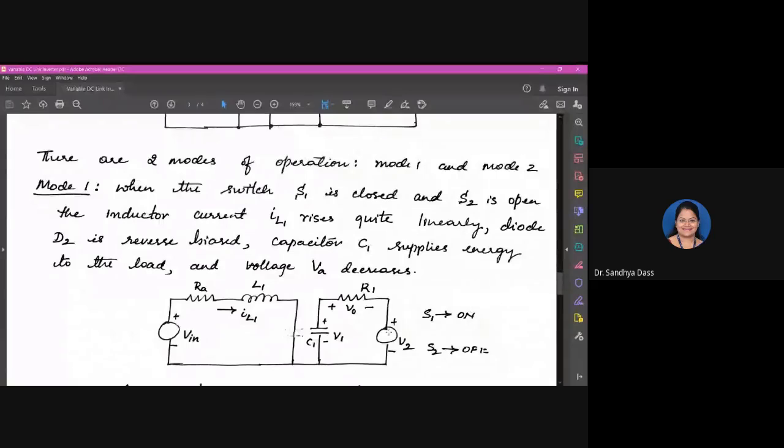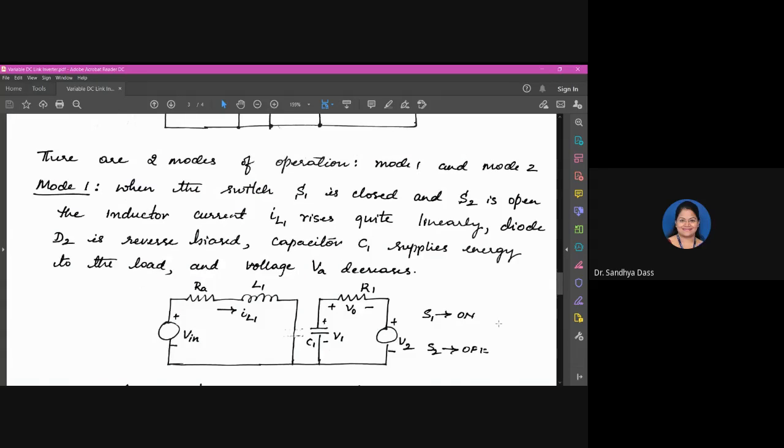If you observe the equivalent circuit here, diode D2 will be reverse biased because S2 is off, and the capacitor C1 will be supplying energy to the load. Observe the circuit. And obviously the voltage VA, the output of converter A, will decrease.